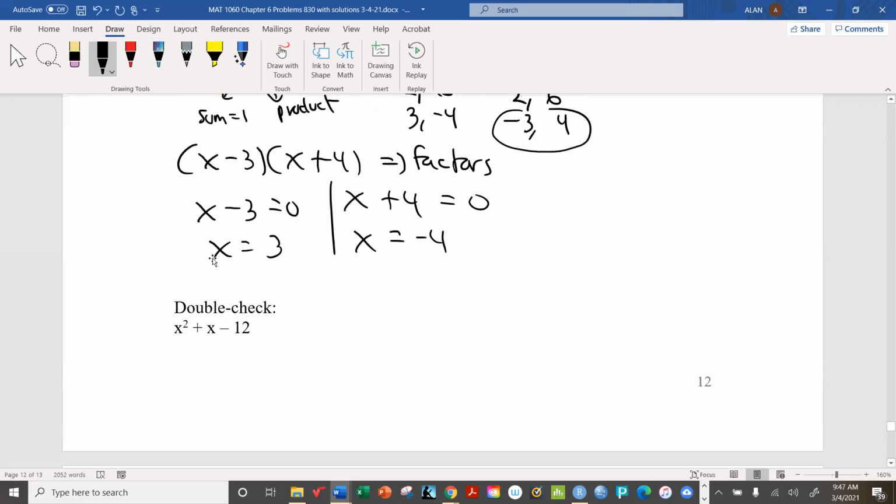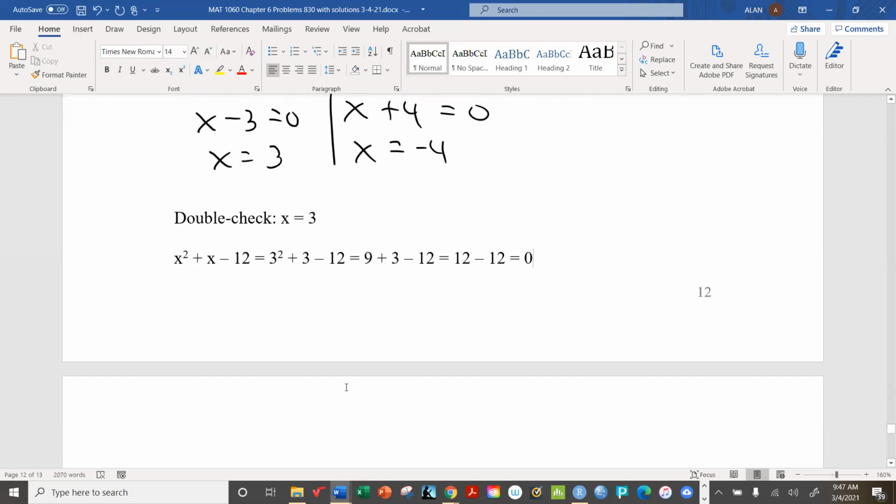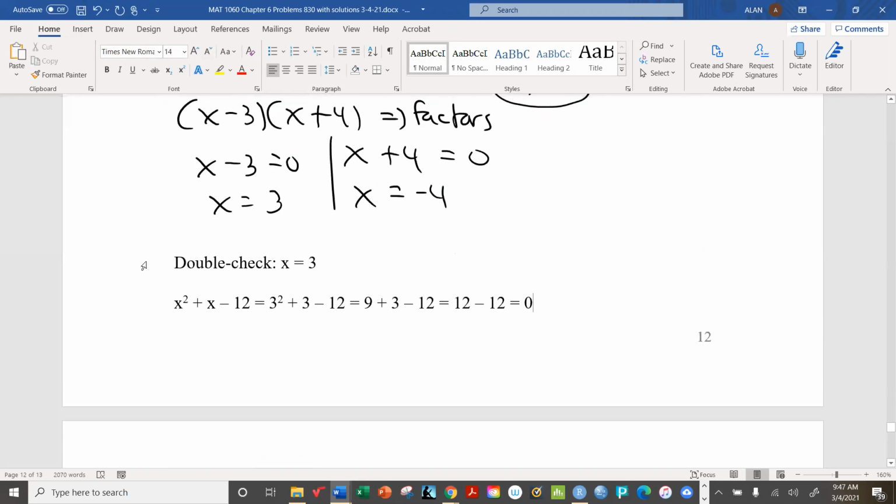So we'll start with x equals 3. And we plug it in. And we hope to find that it's equal to 0. And that does, good. And then here we have a double check for x equals -4.